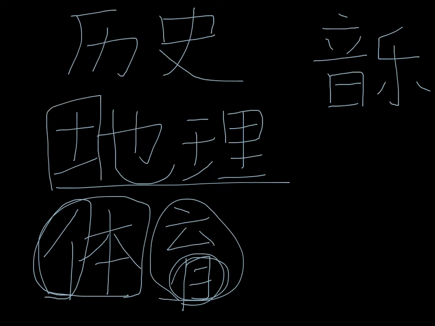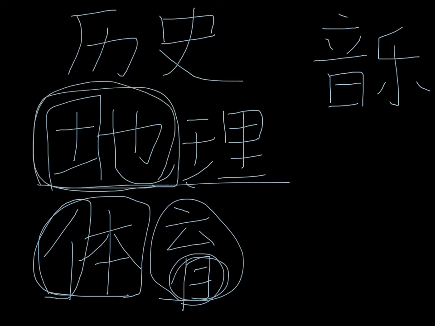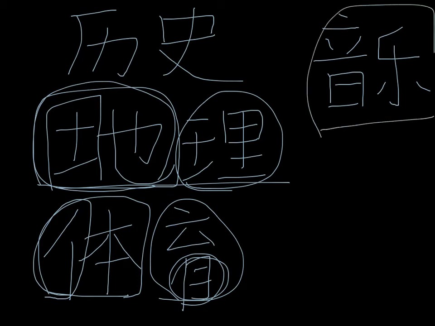So geography is heavily related to soil. 地 means land. This whole character, 理 means theory. So land theory, that's geography. You can think of your own way of memorizing this 音乐 and 历史.